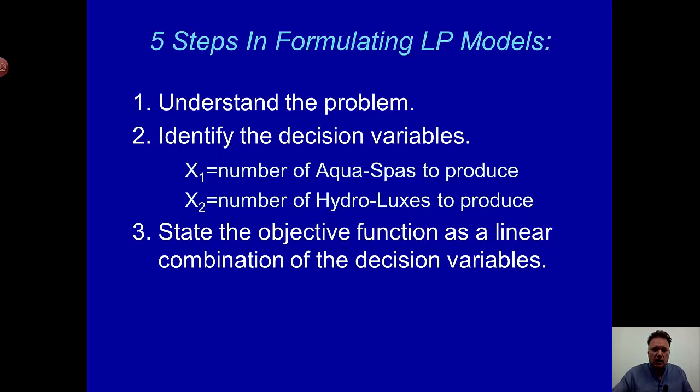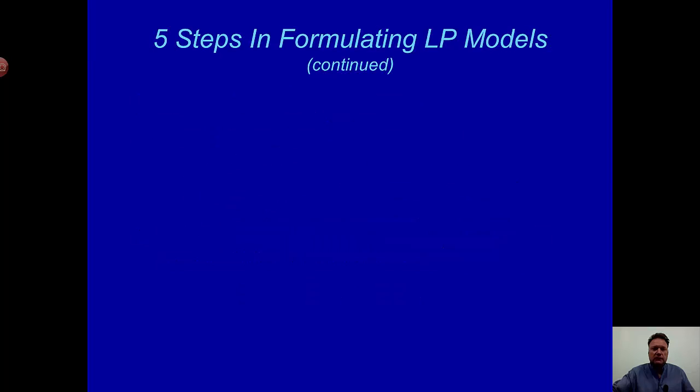And if you recall, it was $350 profit for one and $300 profit for the other. We don't need to put profit, but we're maximizing. That just goes to say 350 times X1 plus 300 times X2. So we want to maximize profit, and we get $350 for every X1 we make and $300 for every X2 we make. That's the objective function.